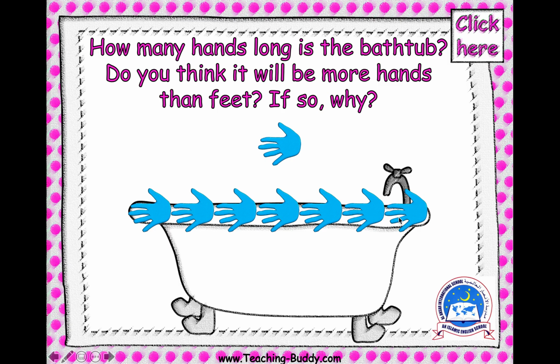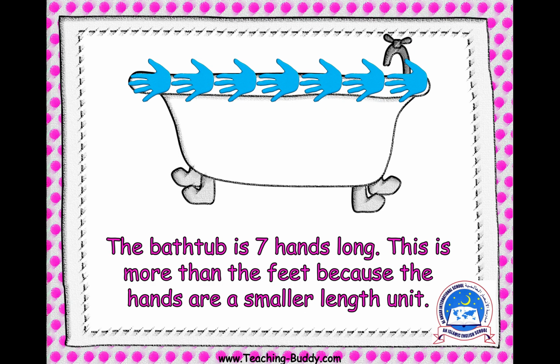It takes 7 hands to measure the bathtub. So the bathtub is 7 hands long. Now, can you remember how many feet long it was? It was 4 feet long. So we can see that the hands are a smaller measuring unit, because it took us more hands to measure the bathtub.